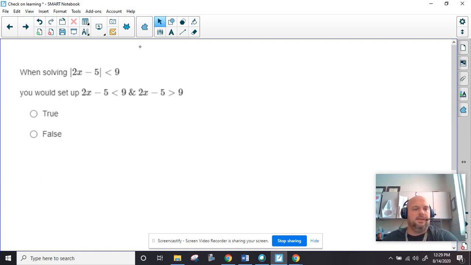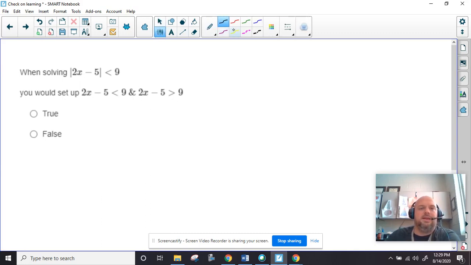Now, again, concept thing. When solving this problem, you would set it up as this and this. All right. This one is false, and this is why. You would set it up like this. You would have one problem that looks like this. Okay.